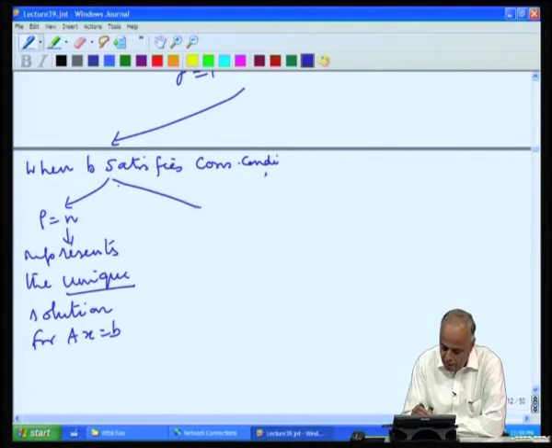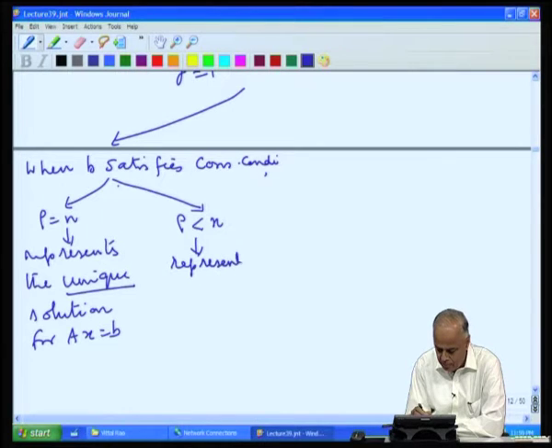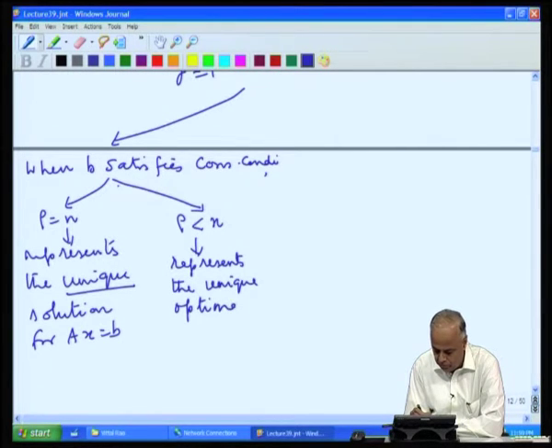When B satisfies the consistency condition and rho is less than n, that same expression represents the unique optimal solution of the system.